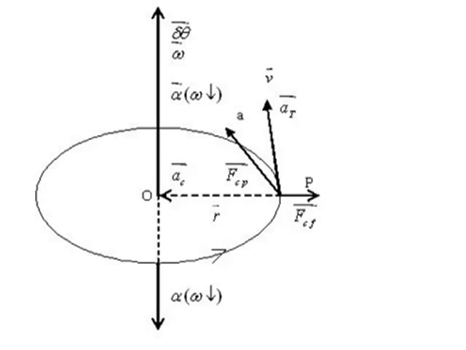Alpha is shown along the axis in the upward direction. Tangential acceleration is shown in the direction of linear velocity V. Centripetal acceleration is shown along the radius towards the center.